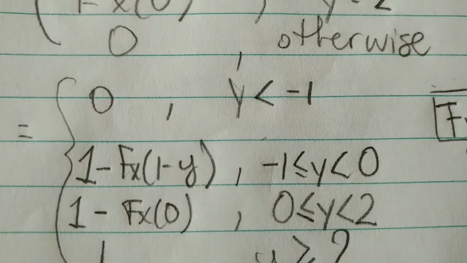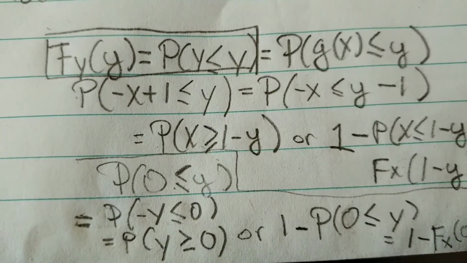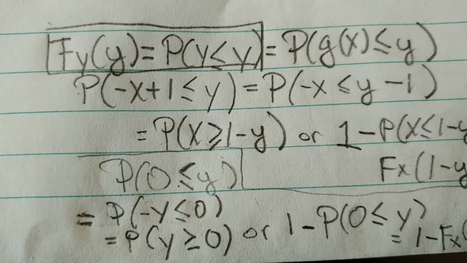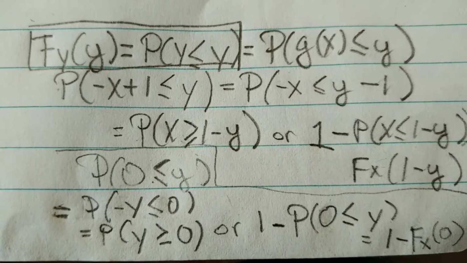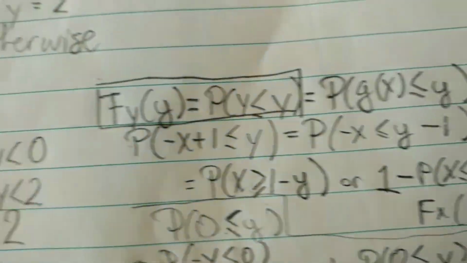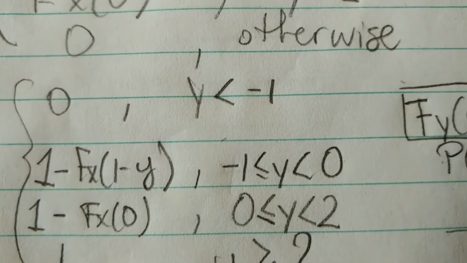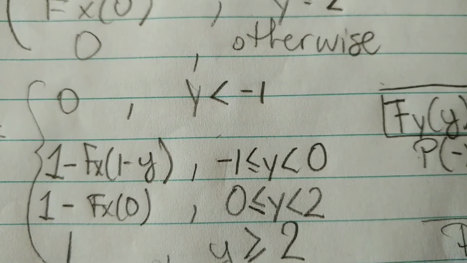People can see it from the graph, but you can still do it this way. So instead of negative x plus 1, I just sub in 0, and I do the exact same thing over again, and you end up being able to rewrite that as 1 minus Fx of 0. So that is what the function is equal to when y ranges from 0 to 2.